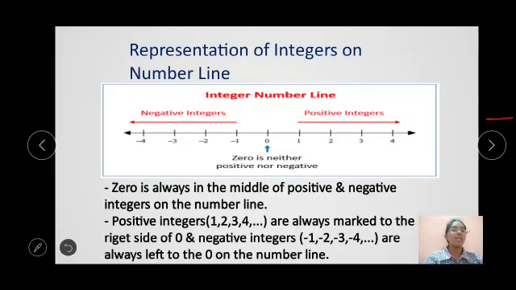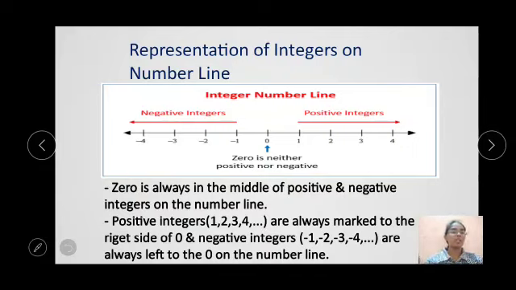Now we will see how to represent the integers on number line. In this slide we can see the picture of number line, and on that number line we have plotted some integers. So 0 is always placed at the middle of positive and negative integers on the number line.